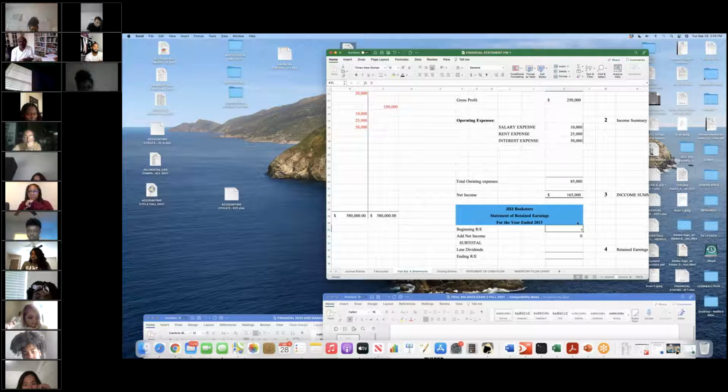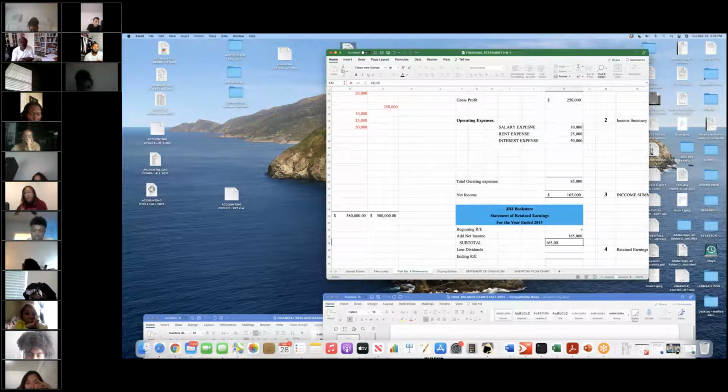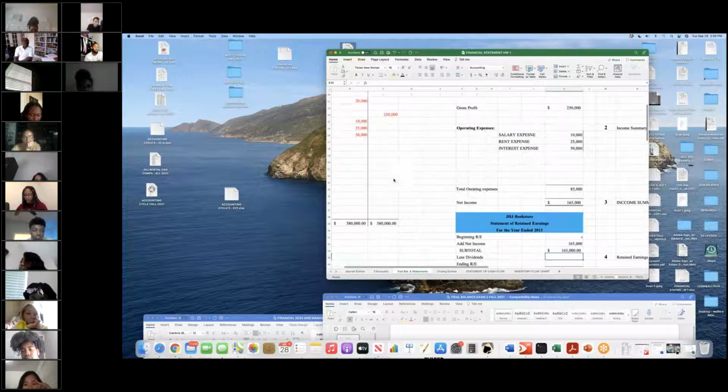Okay, so 0 here. So we just bring this net income down, 165. The subtotal is 165. Then what do we do? And less dividends is 20. So this dividend up here was 20,000.